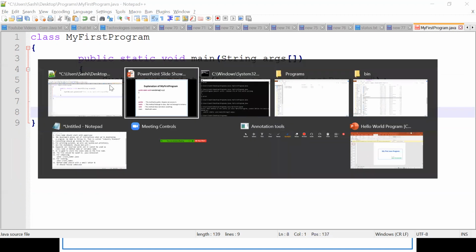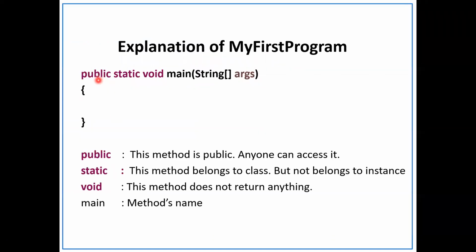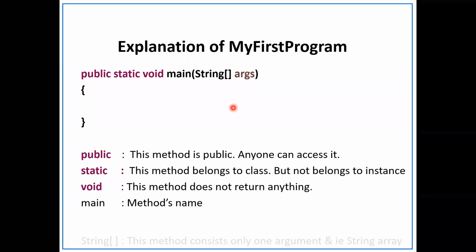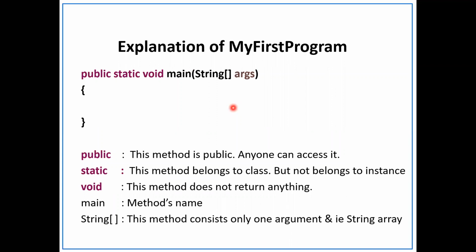This method has public. Public means it is a public method, and it can be accessed by anyone. Static means it belongs to the class. And this method is not returning any type, that's why void is mentioned here. The name of the method is main, and it is taking only one argument, that is a string array.